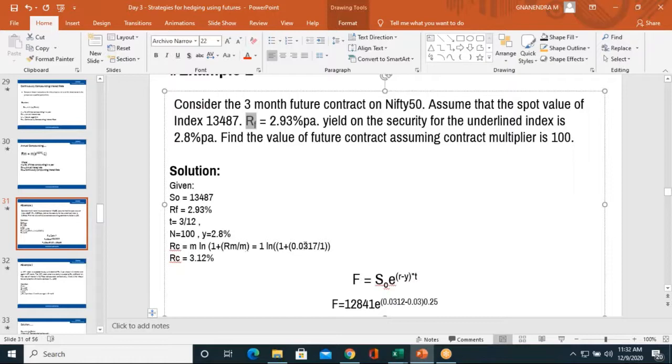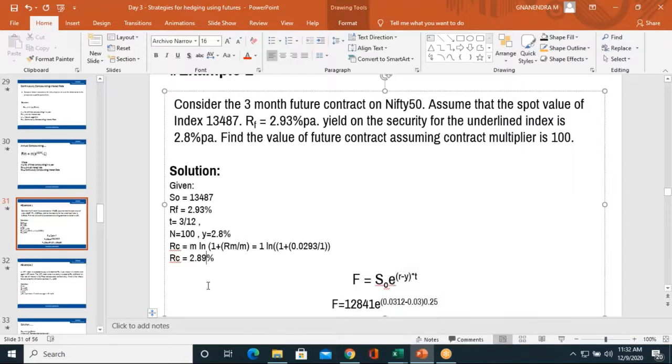So this equation: 0.0293 divided by 1 plus 1, ln answer, we're going to get RC as 2.89 percentage per annum.